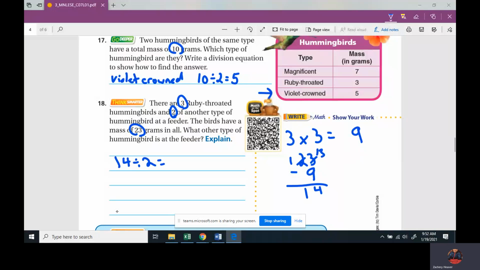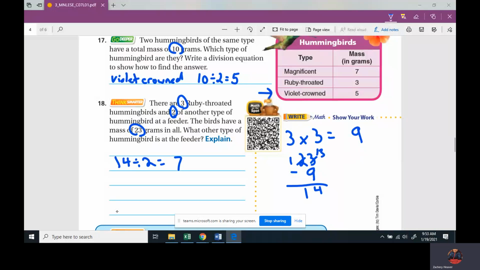What's 14 divided by 2, David? 7. What bird up here weighs 7 grams? Nope, that weighs 5. What's that word called? Magnificent. Yeah. So, write this down real quick, McKenna. So, 14 divided by 2 is 7.